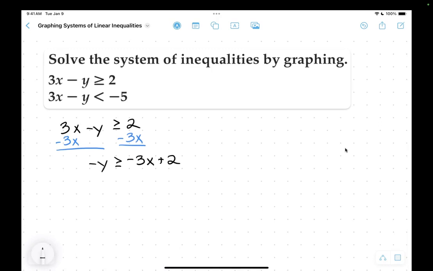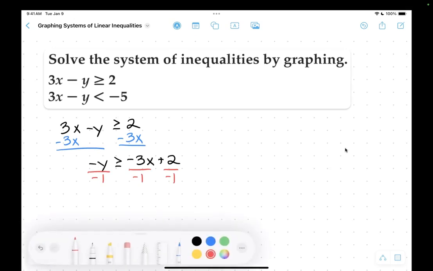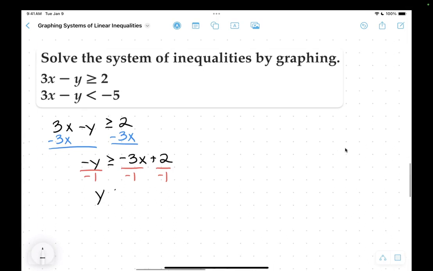plus 2. And now hopefully you remember your rules for dividing by a negative with an inequality, which is if I divide by a negative, the inequality symbol flips. So negative y divided by negative 1 is a positive y. My greater than or equal to now becomes a less than or equal to.